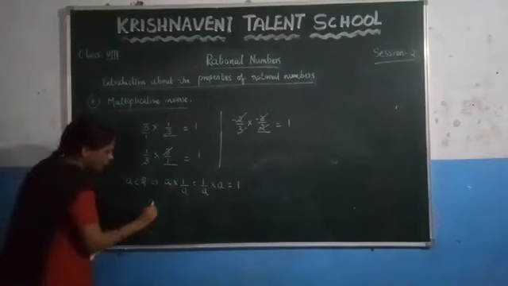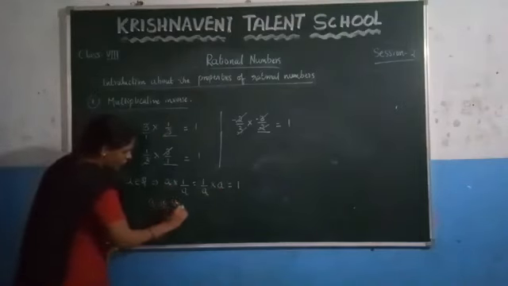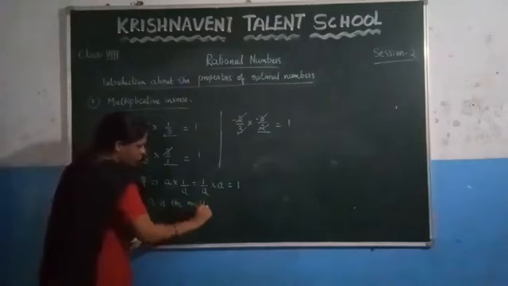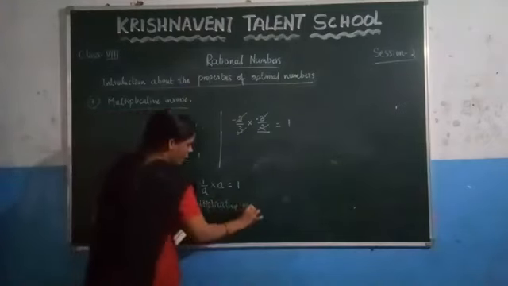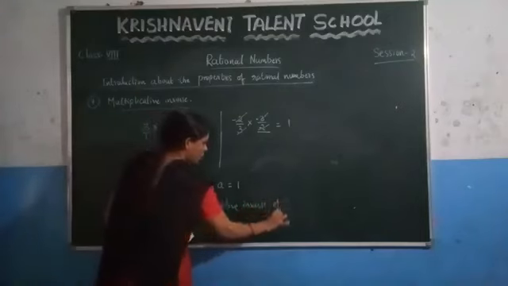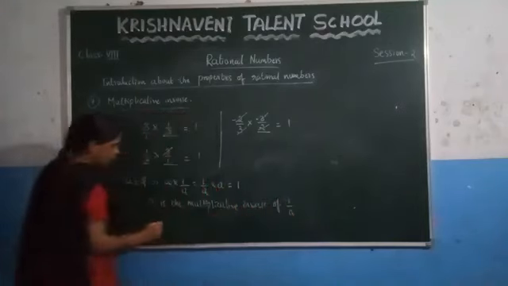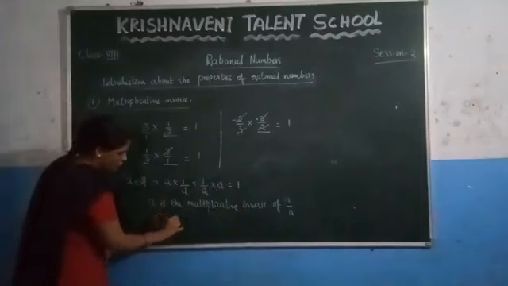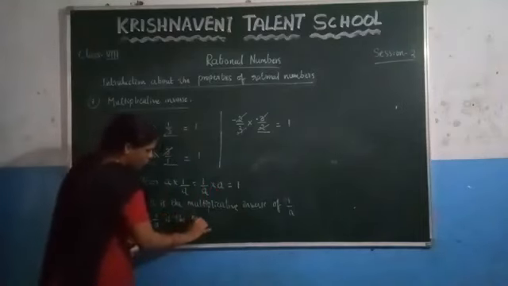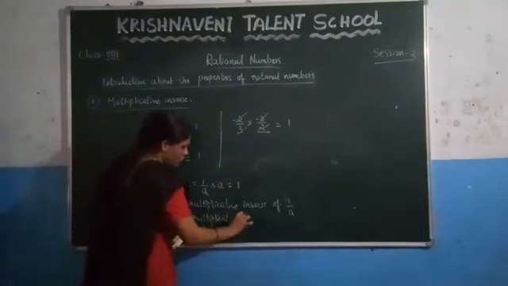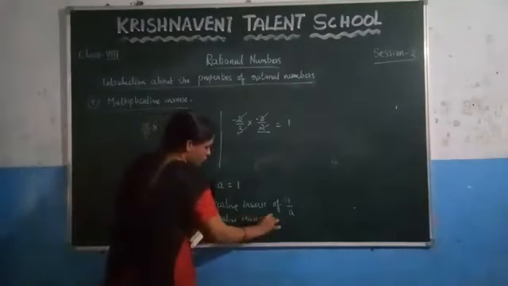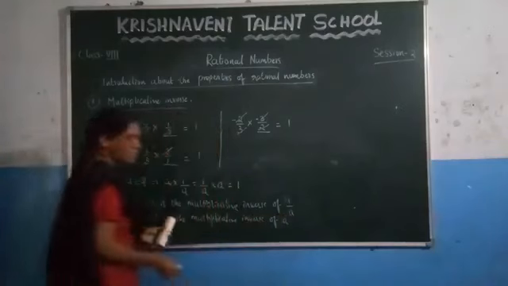And here you can write as A is the multiplicative inverse of 1 by A, or you can write it as 1 by A is the multiplicative inverse of A. Like this you can define.